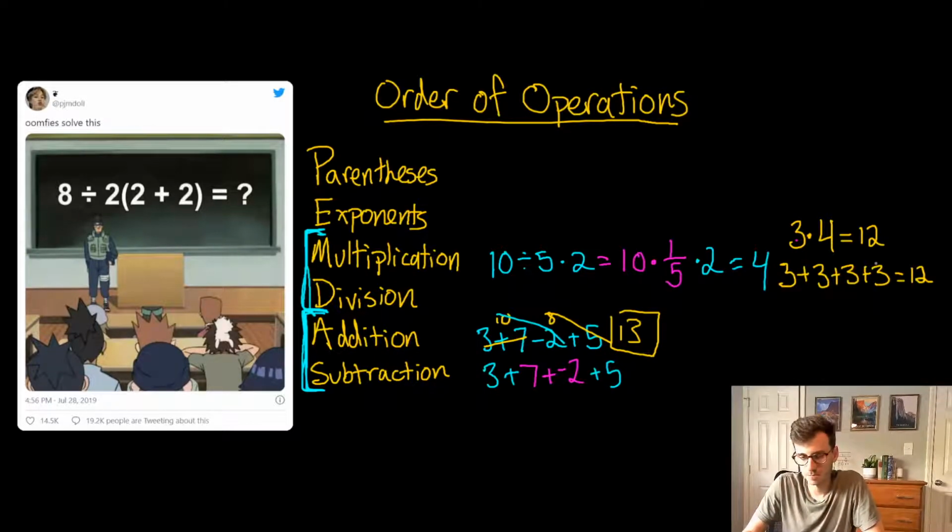Exponents, okay. Exponents come next. Exponents are something, if you saw something like 4 and then to the 2, right? That 2 is an exponent. So what does this mean? It means 4 2 times. So 4 to the 2, or 4 squared, is 4 times 4.